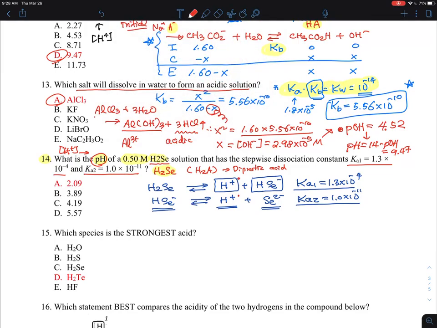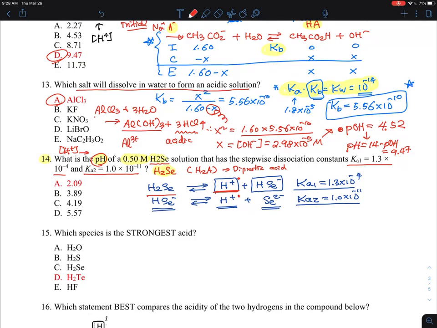H plus can come from both sides, but the idea is, from the beginning, 0.5 molar, you have $1 million and you generate $10 here, $10 here, right? That's because it's so small that you generate a small amount. And once you have $10, you have 1 cent and 1 cent, right? So therefore, $10 and 1 cent, I would just keep the $10, and that's good enough for me to think about it, right?